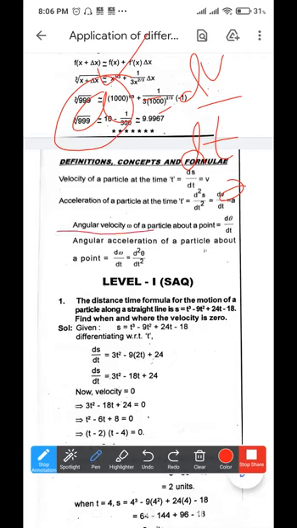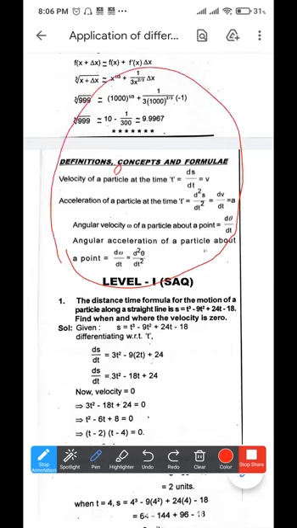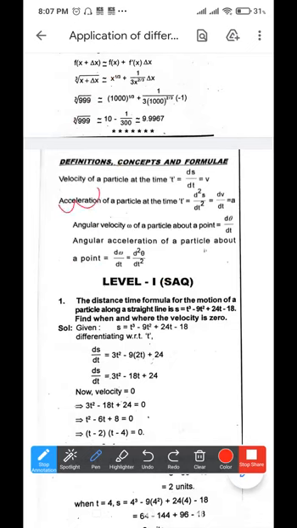Now, angular velocity is omega. In oscillations, you have learned omega. What is omega? Angular velocity of a particle at a point. Angular velocity means if a particle is moving at an angle, let's say in circular motion. So omega is equal to d theta by dt, change in angle with respect to time.